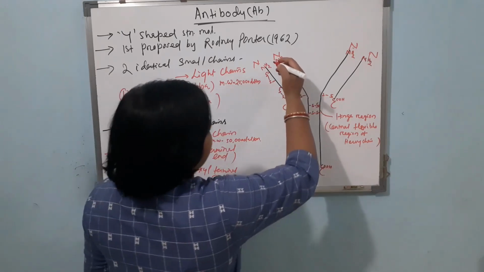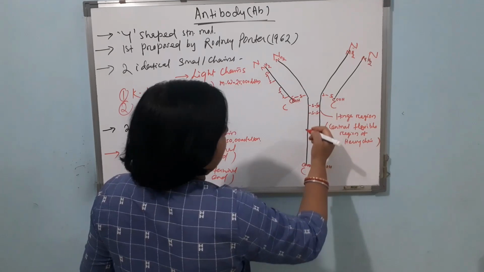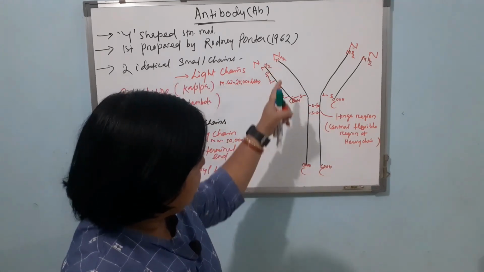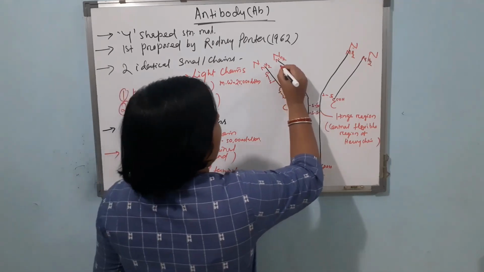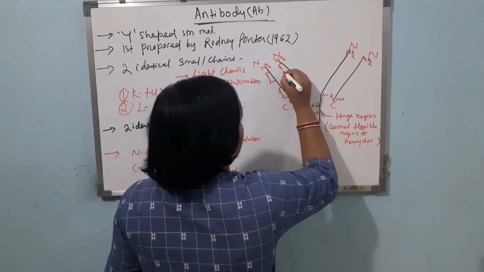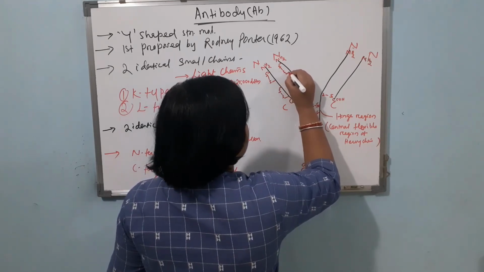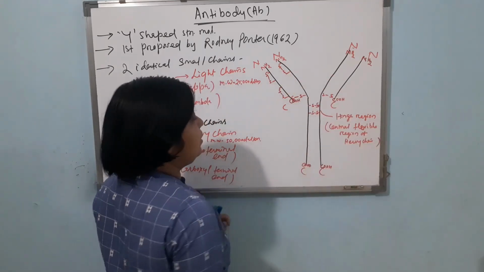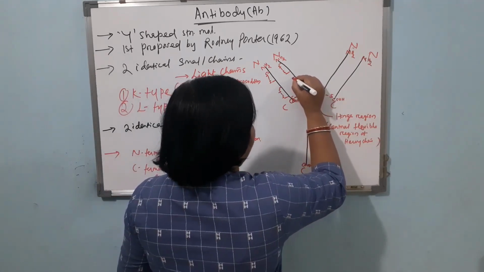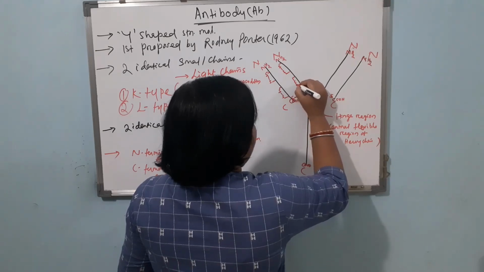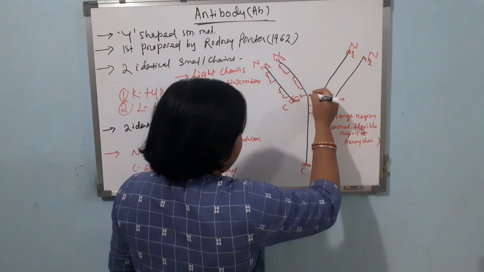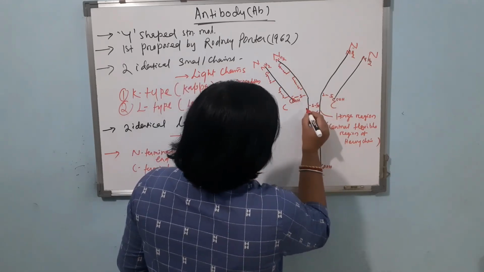Similarly, you will find a total of 4 intra disulfide bonds in heavy chain. One you will find near N terminal region which is variable region of heavy chain. Other 3 disulfide bonds you will find at constant region of heavy chain.